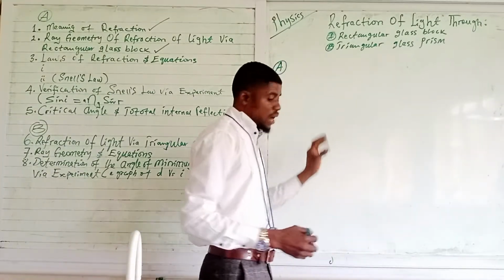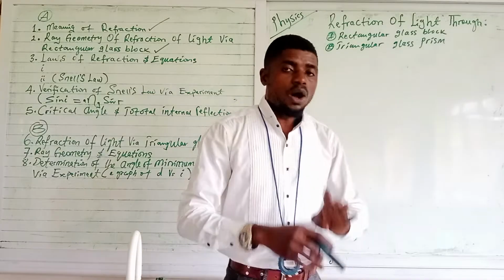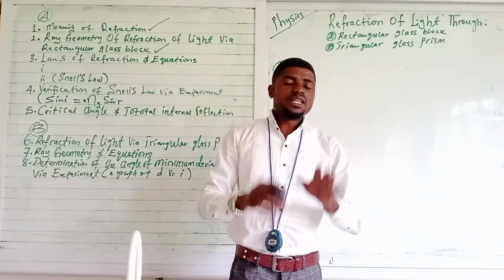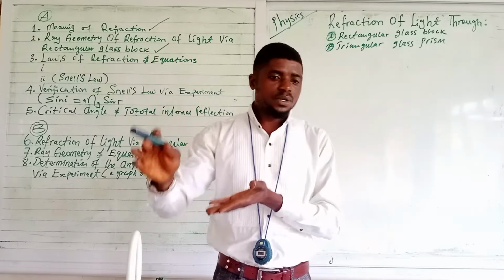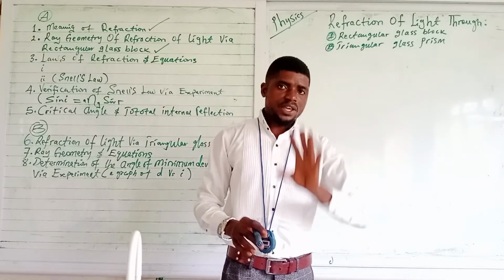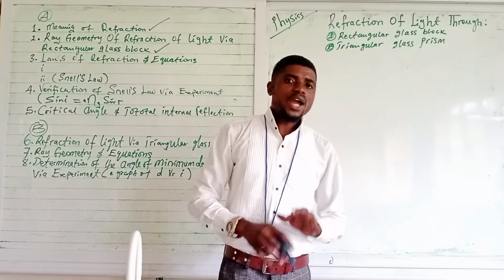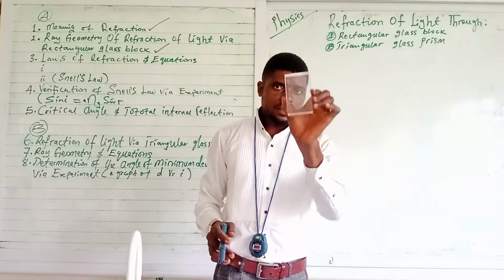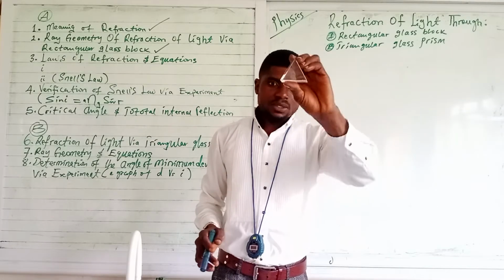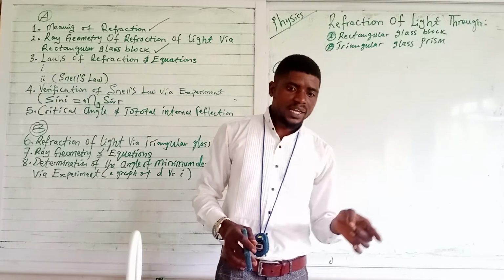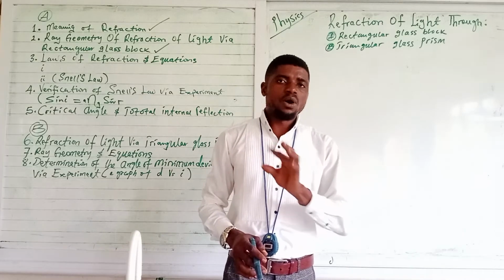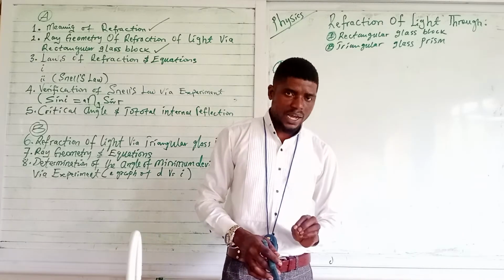And before I continue, I want you to know that all mirrors, be it plane or concave mirror, they all reflect the rays of light, while all glasses, rectangular, triangular, biconvex lens, biconcave lens, they all refract the rays of light.